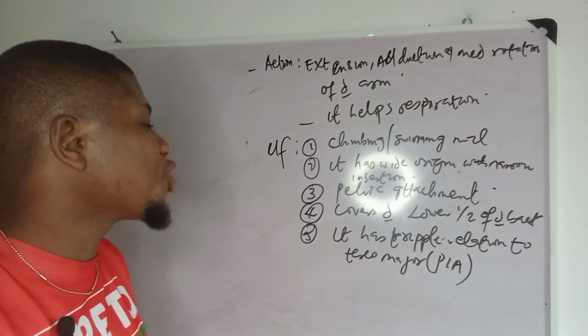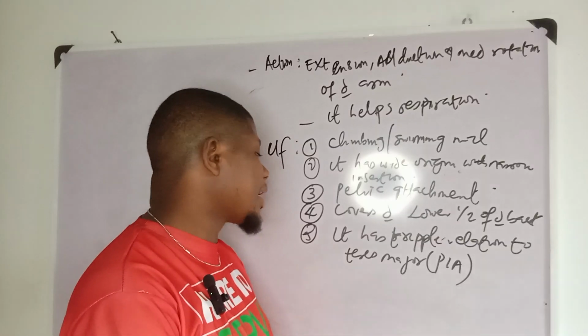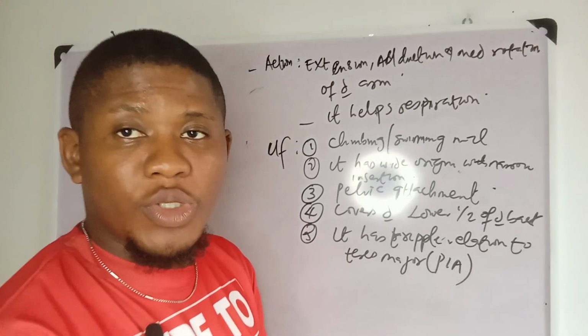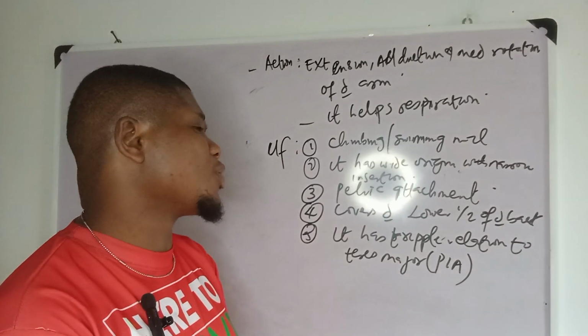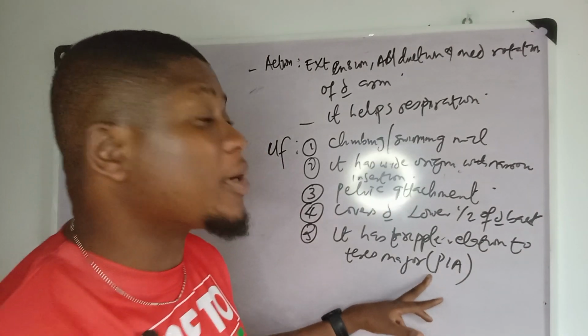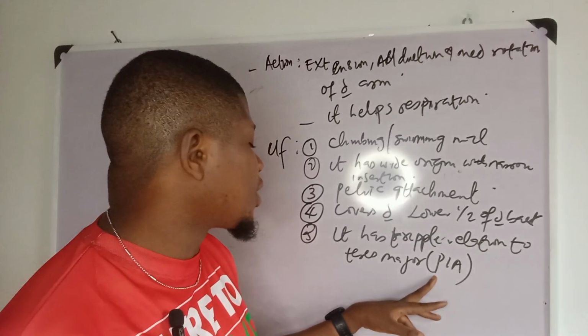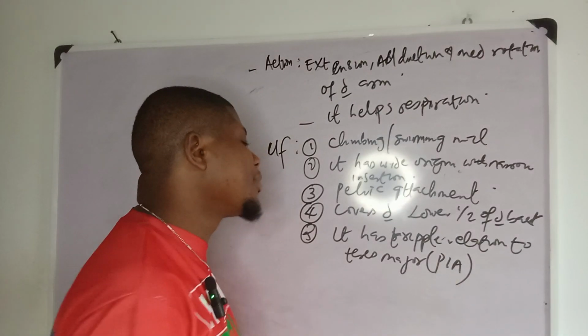So the relationship between latissimus dorsi and teres major is posterior, inferior, anterior. If you just know it this way, firstly it was posterior to it, later it becomes inferior to it, then finally it becomes anterior to it.